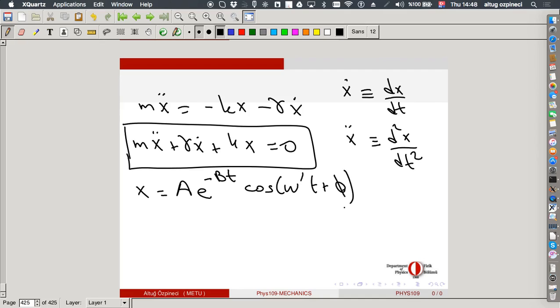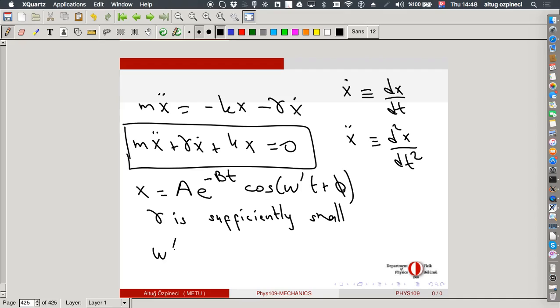And then the next question is, what does this form tell us about the motion? Now, this form is of course true if gamma is sufficiently small. What does this mean?